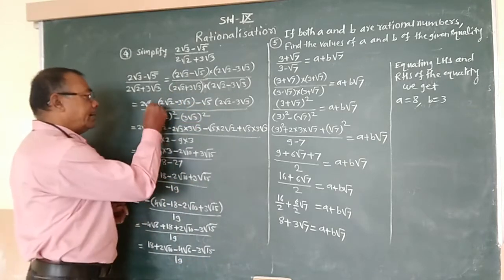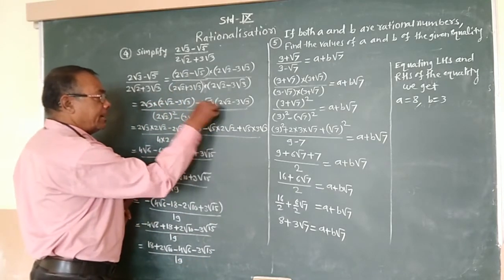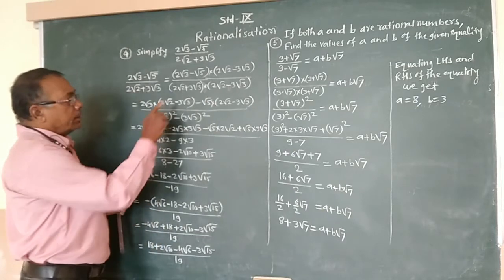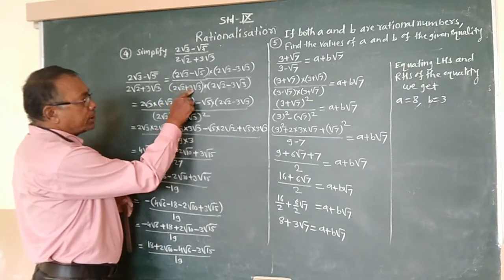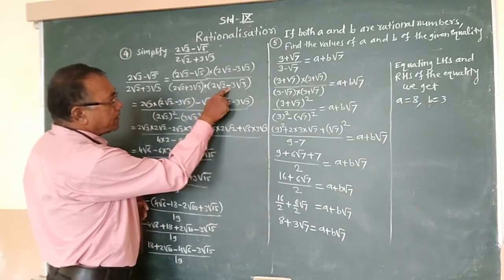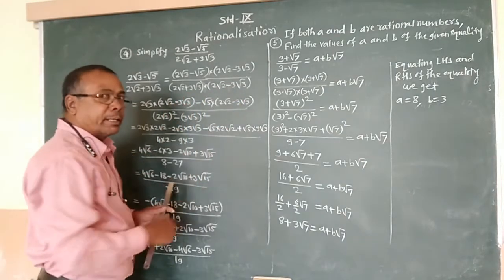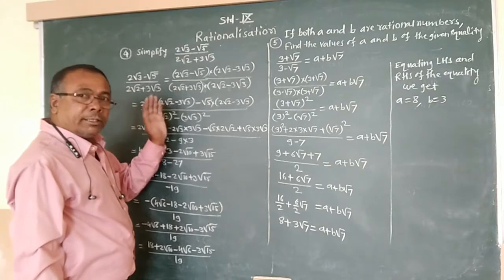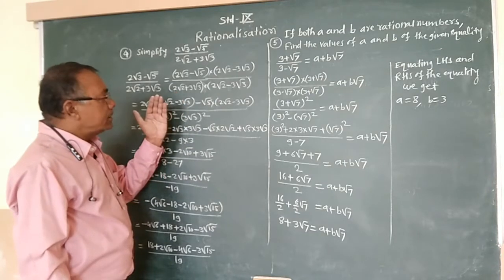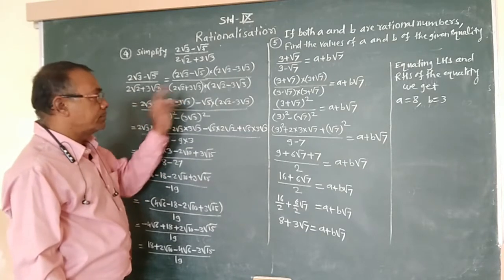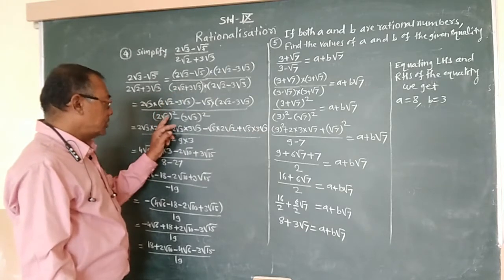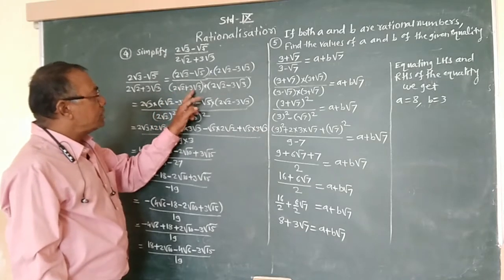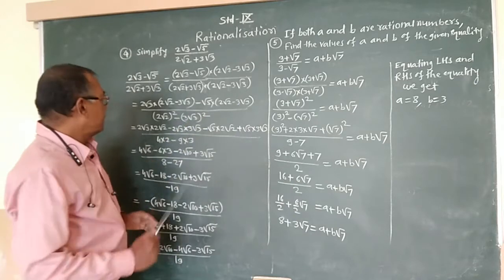So I have multiplied here both the brackets, and now here 2 root 2 plus 3 root 3 into 2 root 2 minus 3 root 3, this is a conjugate pair, and if a conjugate pair is there, then we will take the difference of the squares of both the terms, means 2 root 2 square minus 3 root 3 square.